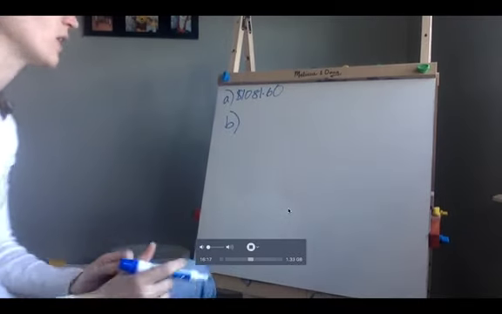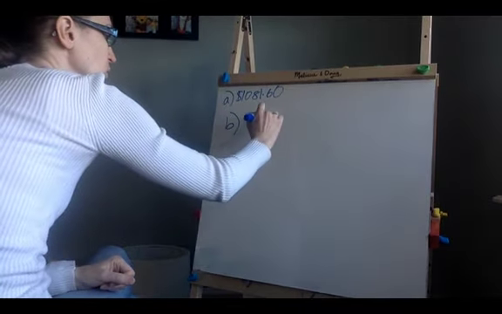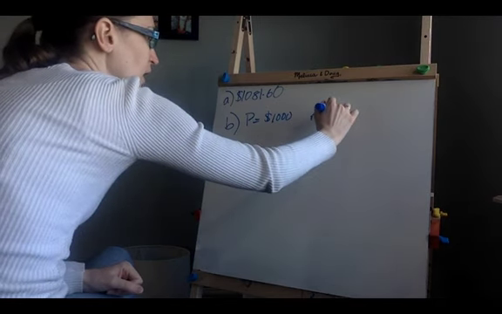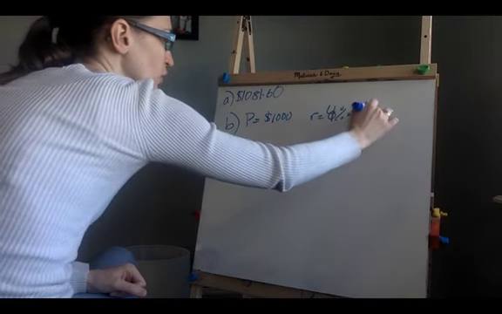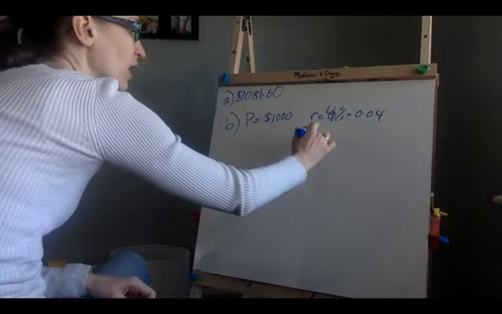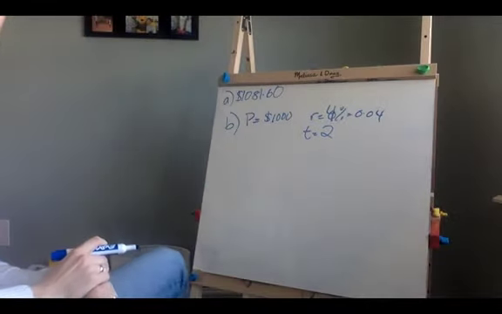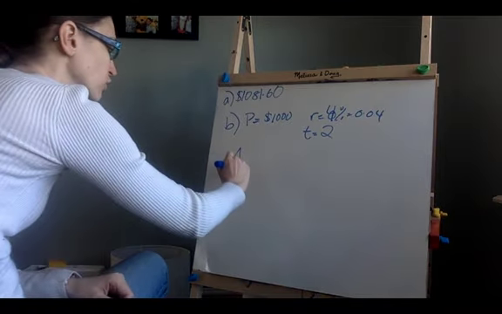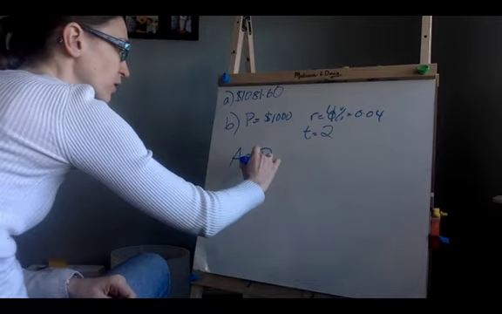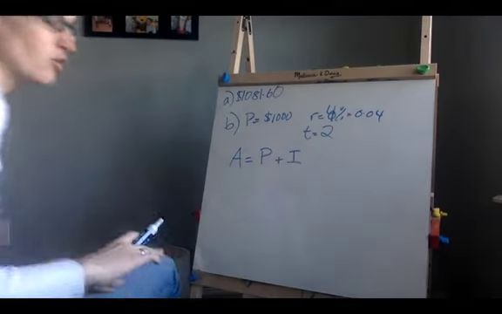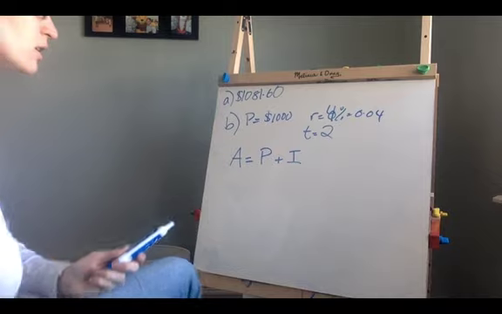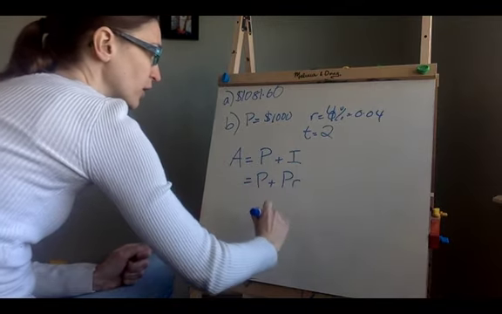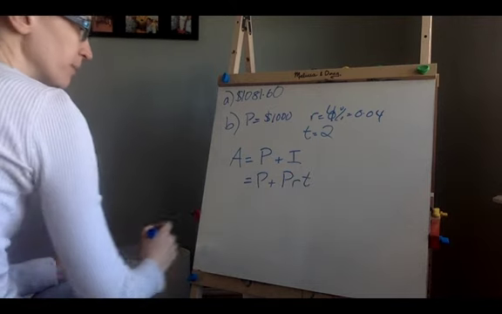This goes back to our last lesson, where the principal amount is still $1,000. The rate is still 4%, which is 0.04 as a decimal, and our time value is 2 years. From our simple interest formula, our future value was equal to the principal plus the interest earned. The interest earned came from taking the principal, multiplying it by your interest rate, and then multiplying it by the time.